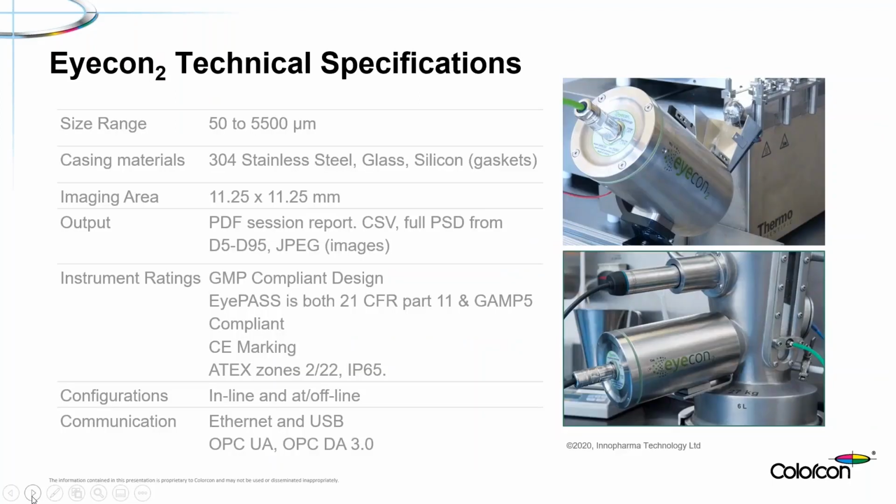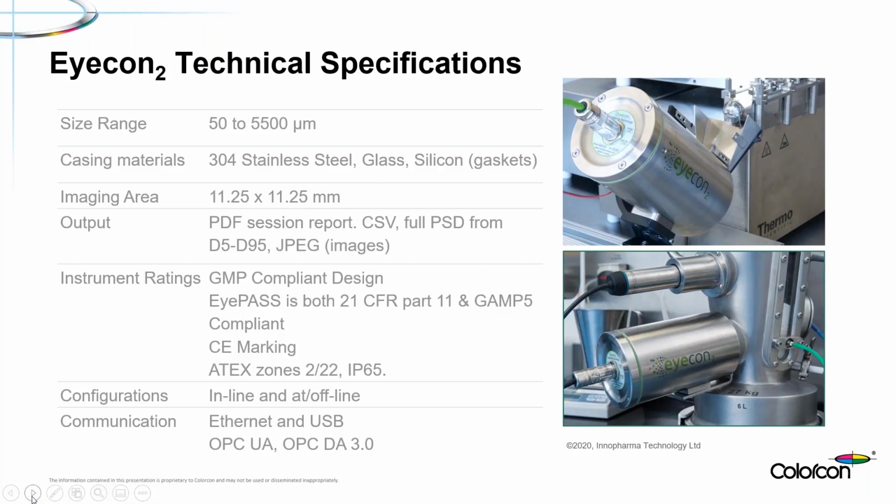In terms of technical specifications, I'm not going to get into this in any real detail. You can read yourselves here, and the handout attached to this webinar has a lot more detailed information on the Icon 2. The only thing I'd point to is the size range of 50 to 5,500 microns.